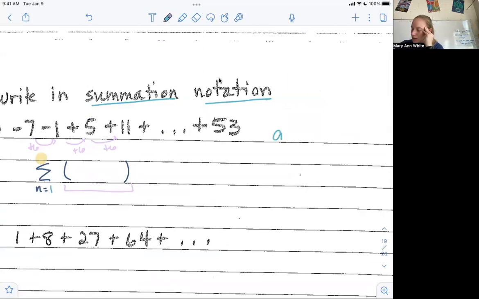My arithmetic sequence was a sub n equals a sub 1 plus n minus 1 times d. I have a sub 1 and I have d. We can write a generic formula, our explicit formula, from that.